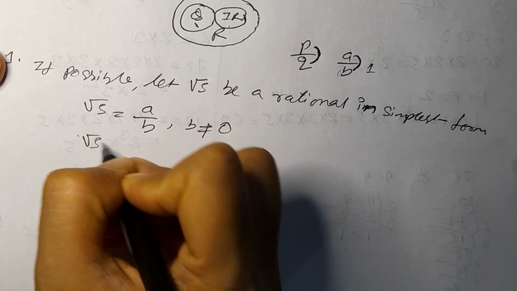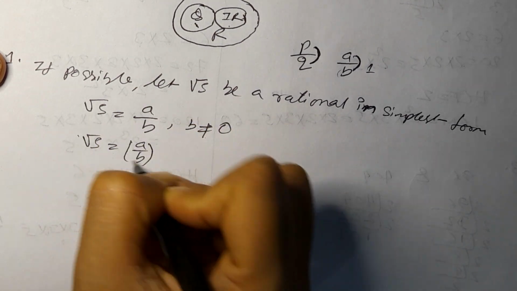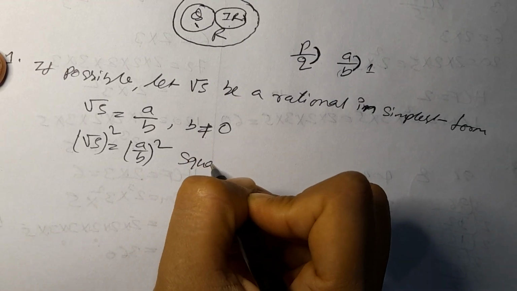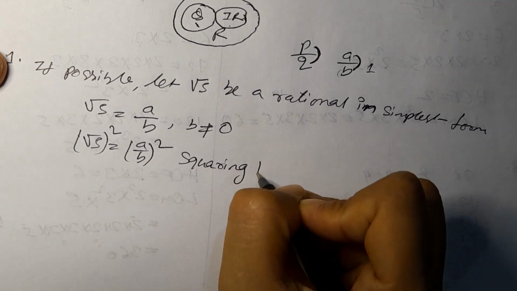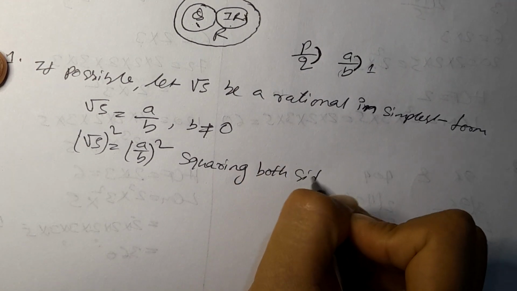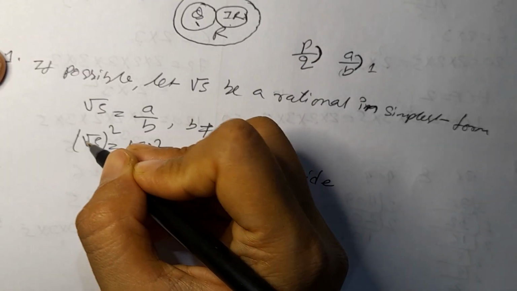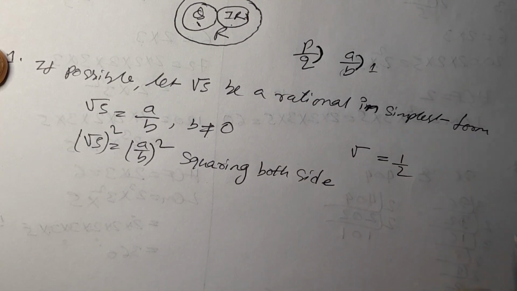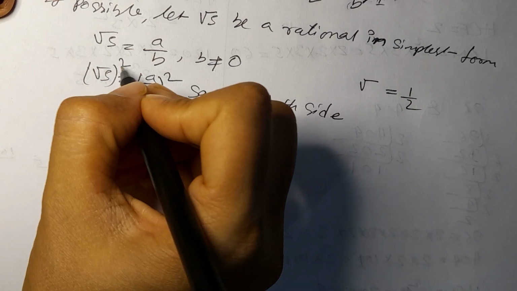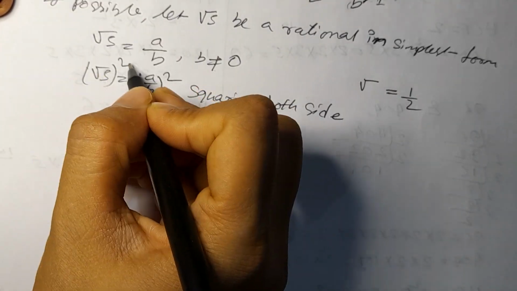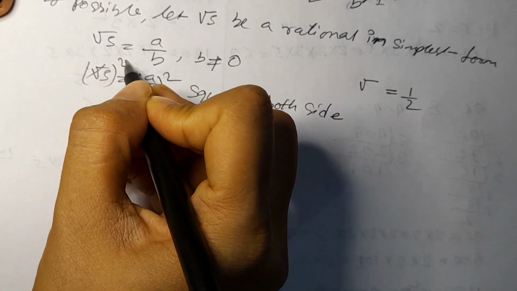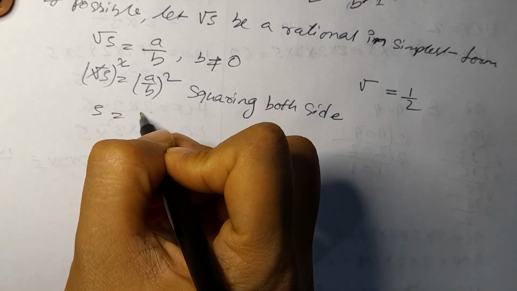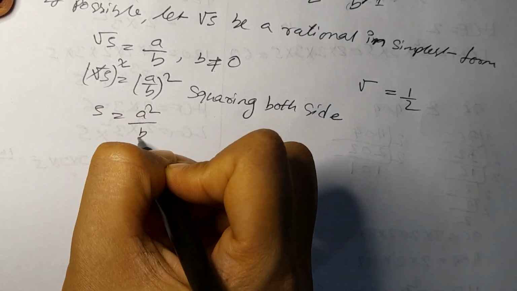So (root 5) squared equals (a by b) squared. The root and the square eliminate each other, so 5 equals a square divided by b square.